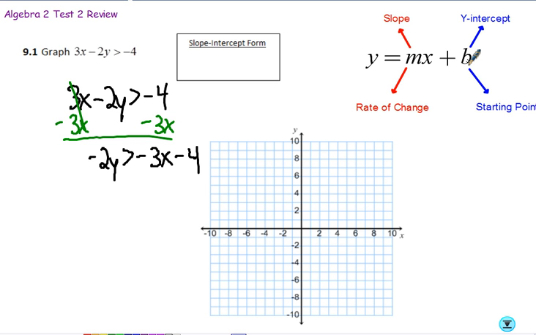I would have to divide both sides by negative 2. And that's the golden rule: what you do to one, you've got to do to everybody. So we'd have to divide everything by negative 2. Two negatives make a positive, so that would be a positive 3 over 2x. Again, two negatives would also make a positive there.